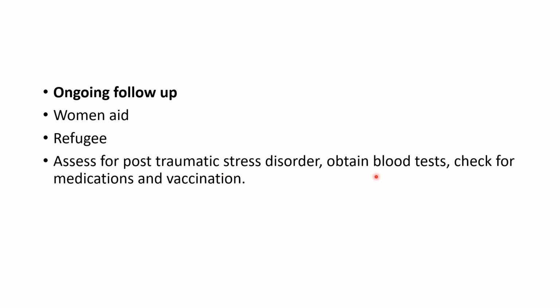And you have to obtain blood tests in the follow-ups, like I have already explained. After 3 months you have to take blood samples for hepatitis B, and you have to take the cultures. Check for medications, whatever you have prescribed that woman, like if you have given post-exposure HIV prophylaxis, you have to check whether she has taken it or not, and you have to follow up for vaccination and the booster doses as well during the follow-up.